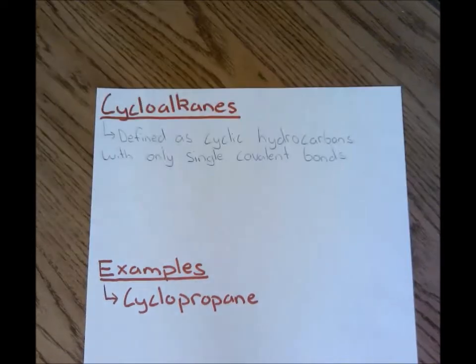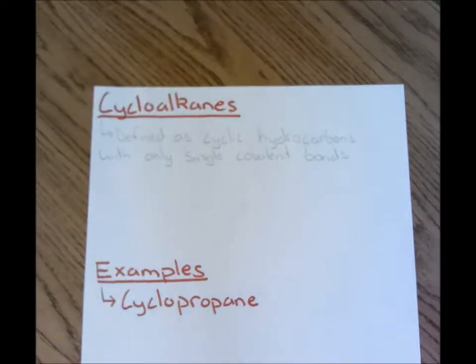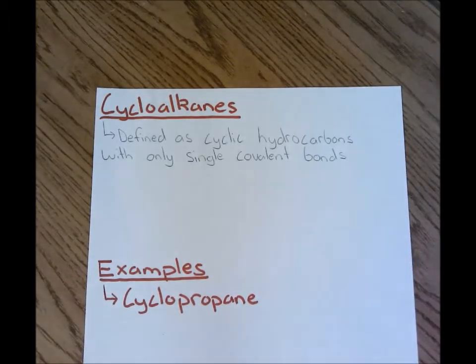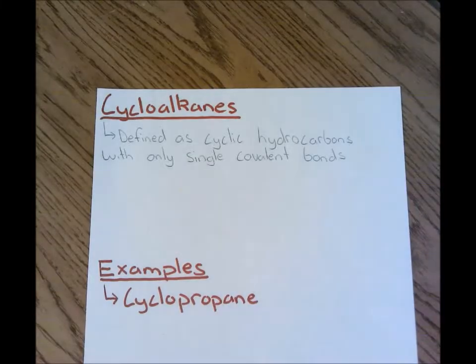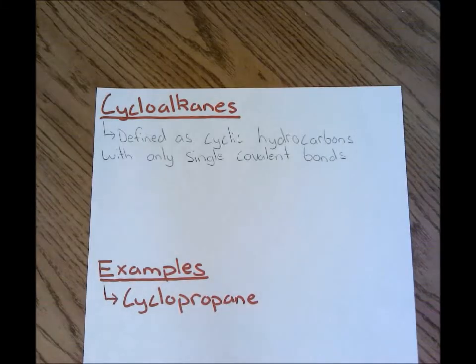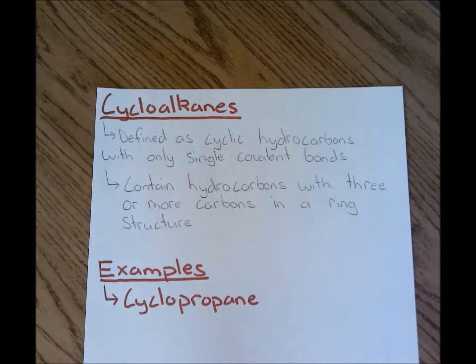Because all of these carbons in a cyclic structure have to connect together, there has to be at least 3 or more carbons in a cycloalkane or in a general cyclic structure. Now the best way to go through this is to actually see some examples here.